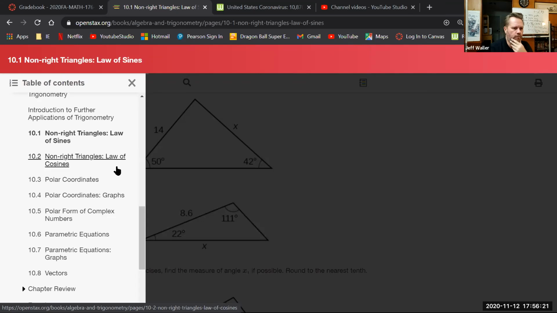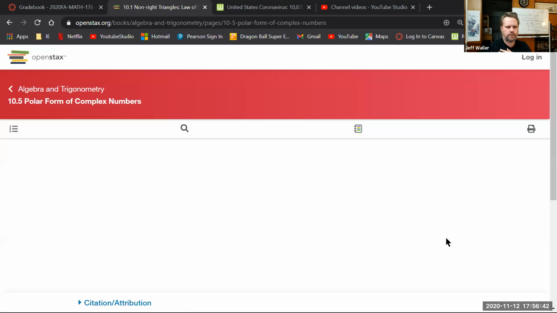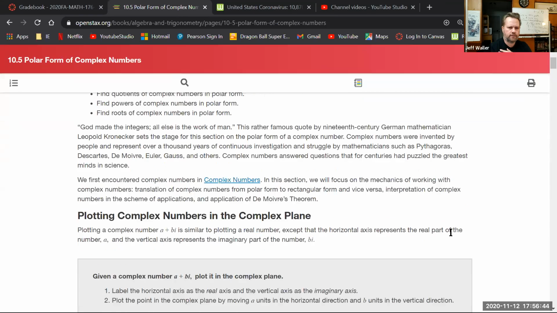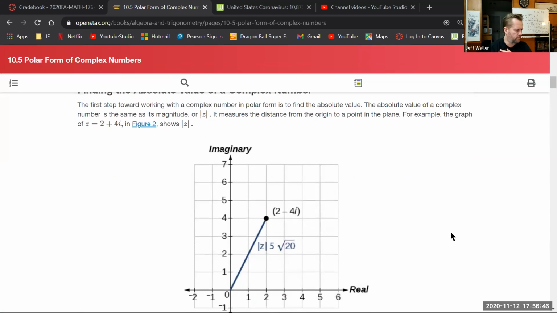It's crazy. Then we got the polar coordinates. And last time we did a graph of a kind of freaky example, remember that with the r squared? So we did that on Tuesday. And then we did get into polar form of complex numbers, right? So I need to finish that out tonight.